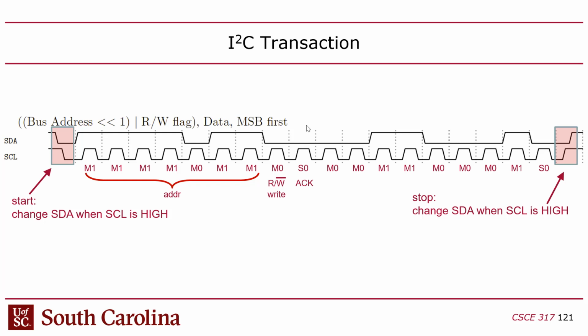So 0 is proof that there's someone out there actually driving the line low. So 0 makes sense for a positive acknowledgement, because if 1 was a positive acknowledgement, then as I mentioned, if the other side wasn't alive, it would be misinterpreted as a positive acknowledgement.